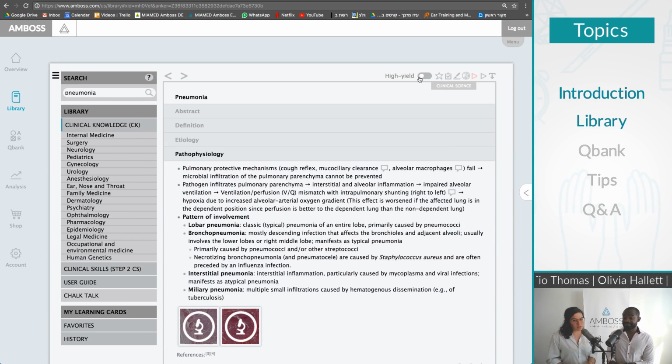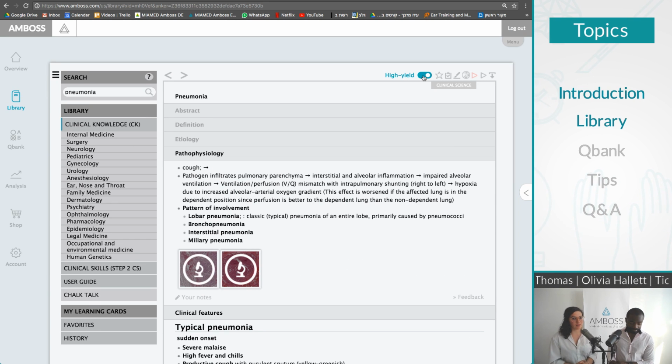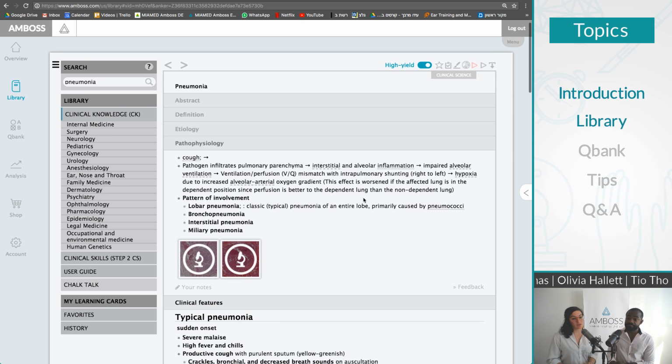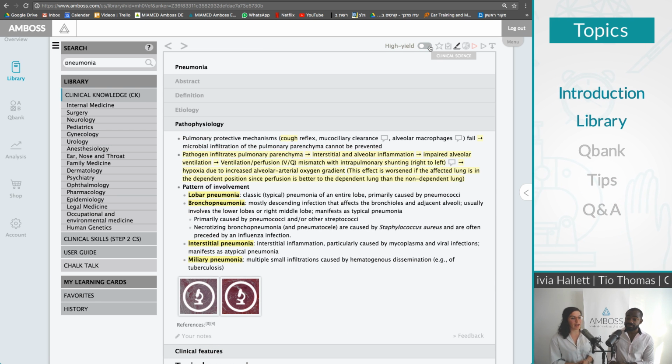Another tool we use to do that is this high yield mode. You can see here it's this little tab button, and that allows you to condense the learning cards down according to bullet points, images, and most important features. To turn on the highlighting tool, you can also see another way that we can filter out any extra information that's not particularly relevant to a question type area of the learning card, or the most important things you need to know to diagnose.